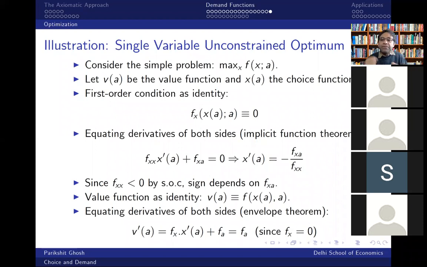Let me pitch this intuitively. We are saying, if there's a slight increase in rainfall, how will it affect crop yields? In principle, the answer to that question has two components.